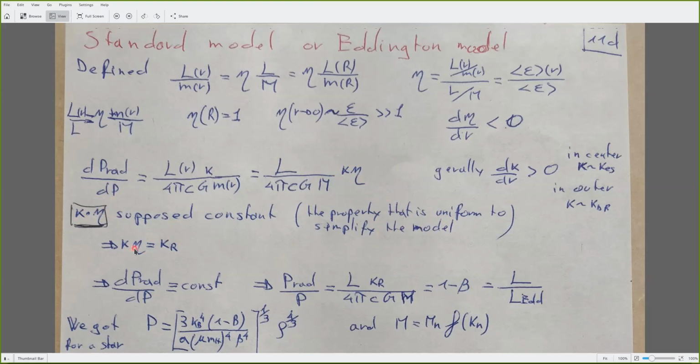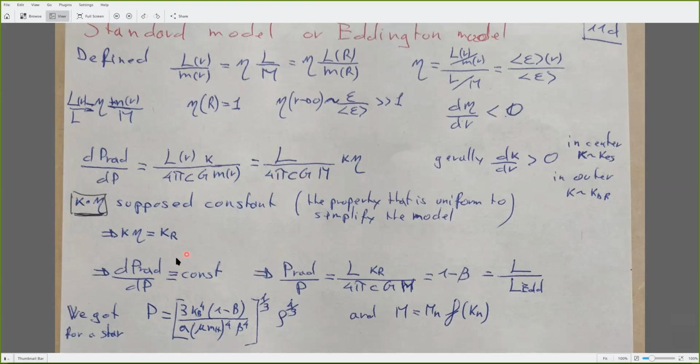We call this product kappa times eta the opacity at the surface, because we saw that at the surface eta is 1. So this derivative is a constant, because we suppose this term is constant inside the star.